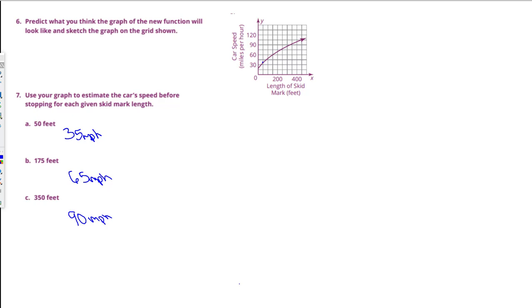Is there ice on the road? Is it just recently rained? Is there a puddle you're going through? The weather that's going on out there. Is it hot? Is it cold? The grade of the road.